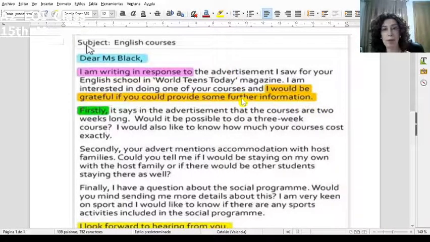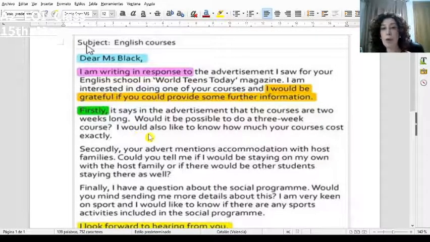Primer párrafo, ja he dit què és el que dic. Firstly, linking words, connectors. It says in the advertisement that the courses are 2 weeks long. I ara preguntes, would it be possible to do a 3-week course? Would it be possible?